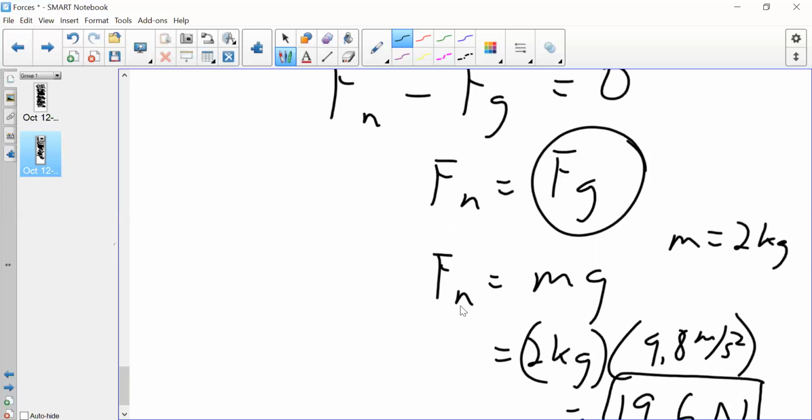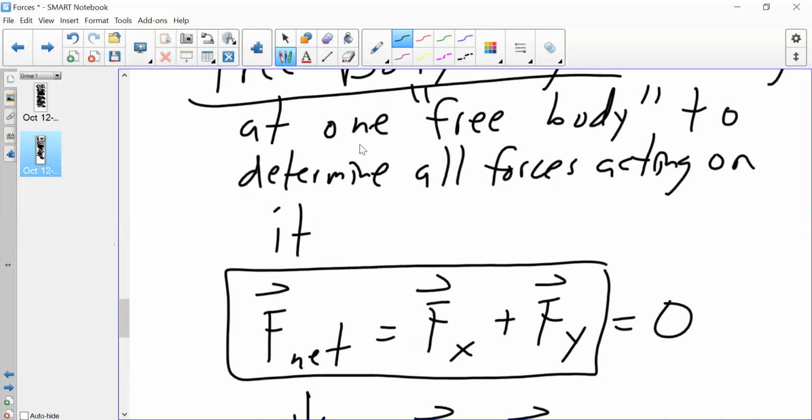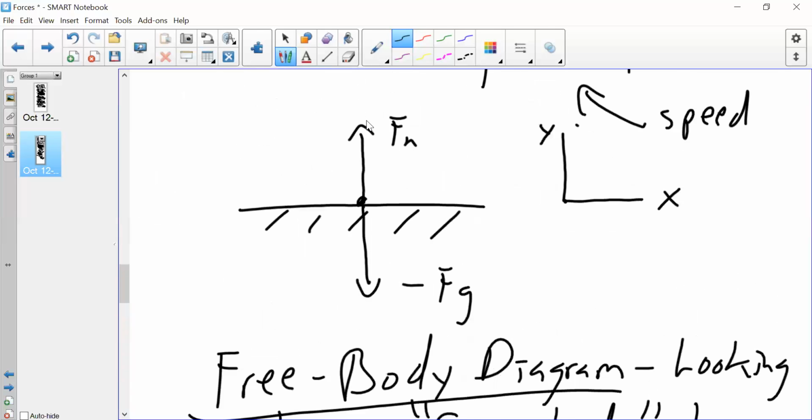So the normal force, 19.6 newtons upward, is exactly equal to the force due to gravity down. 19.6 minus 19.6, 0. We have shown mathematically that the forces are equal to 0 to verify the concept that forces that are in balance must equal 0.